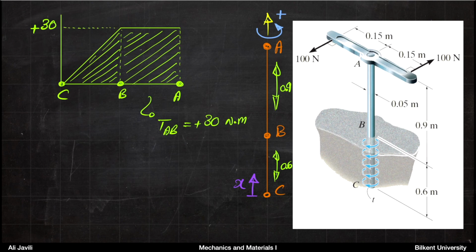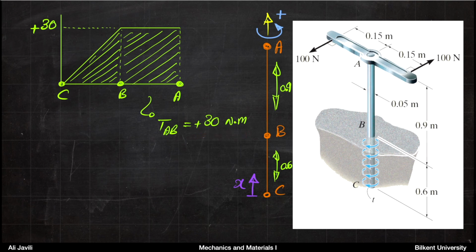If we want to draw the distribution of the internal torque, this is exactly the similar graph that we had before. So now if you want to draw internal torque, and internal torque, again, is what we usually call capital T. From B to A, you just get plus 30 Newton meter.